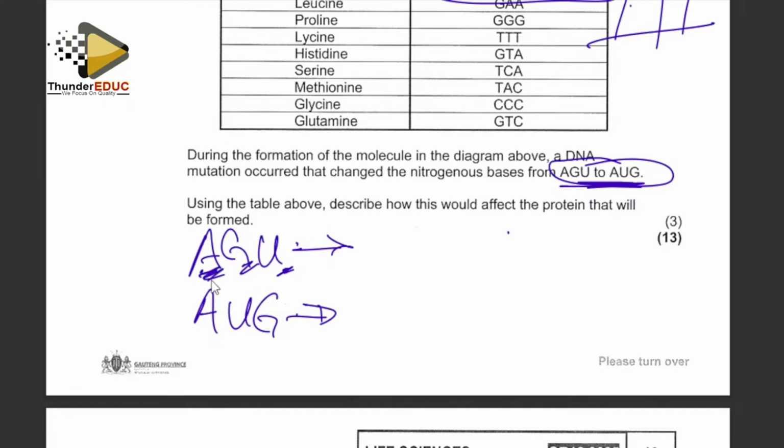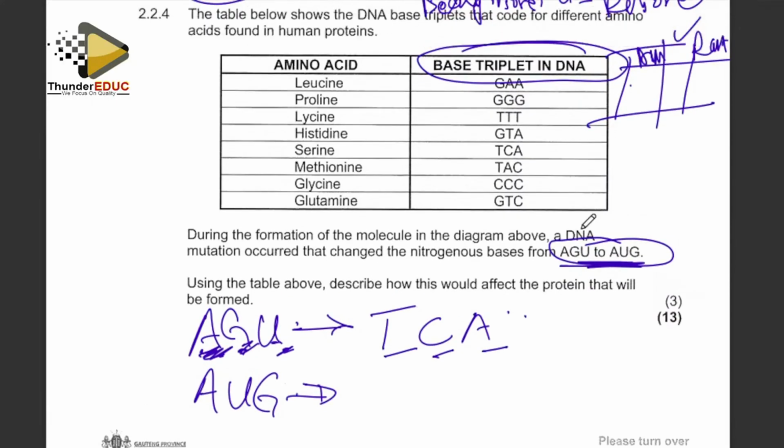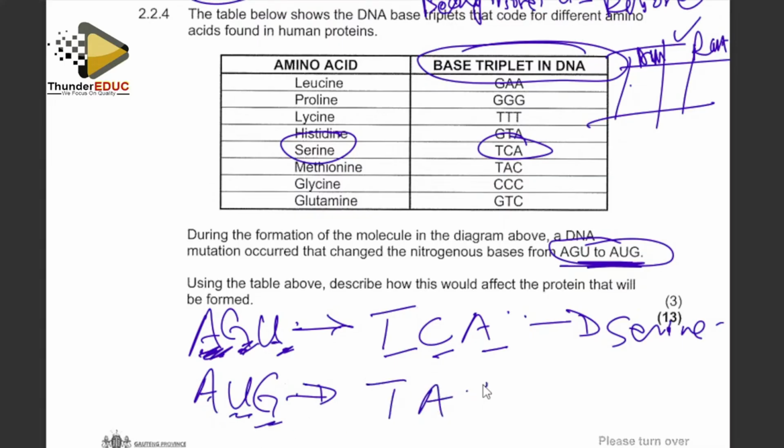A goes with T, and then G goes with C, and then U goes with A. Meaning that I'm going to look for TCA. TCA is here, which is serine, meaning that this one gives me serine. And then A goes with T, U goes with A, G goes with C. What does this one give? TAC. TAC gives me methionine.